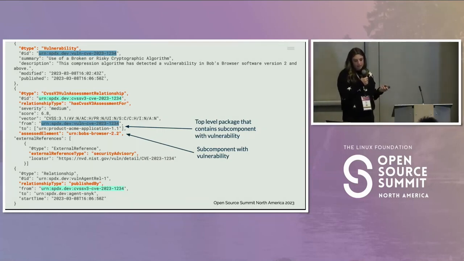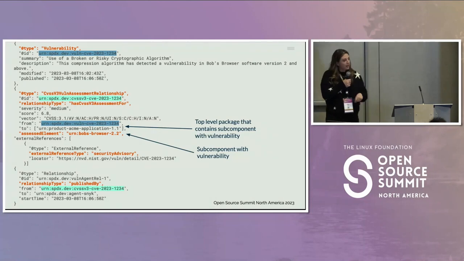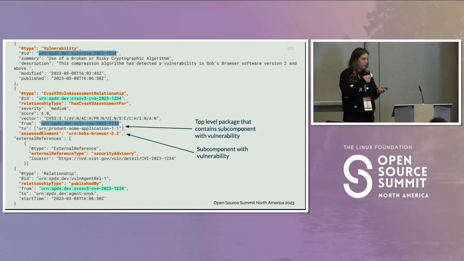And then, just like the vulnerability element we created, this CVSS v3 vuln assessment relationship element might also have external relationships. It might also have an external identifier. I included one here just for an example, but it also might not. But you would use it in the same way as the previous relationship.